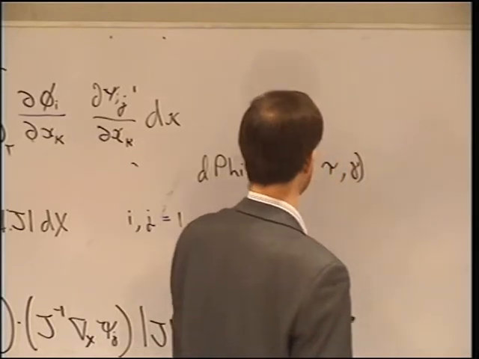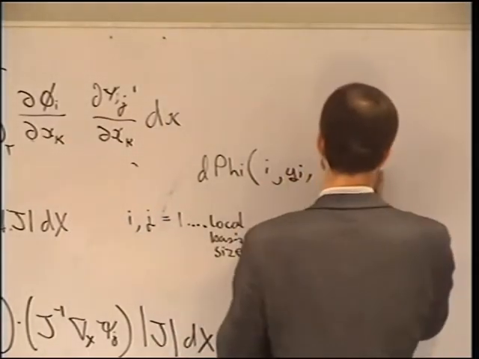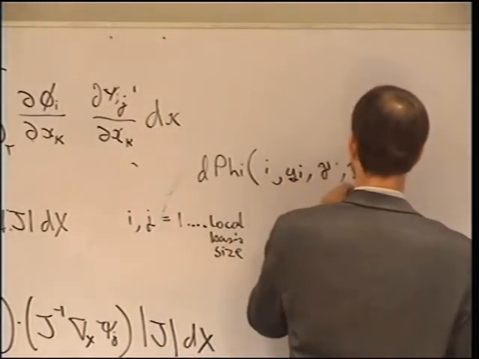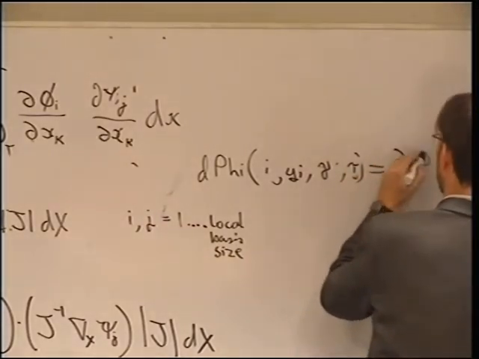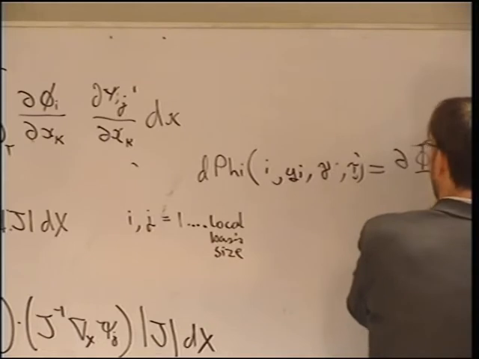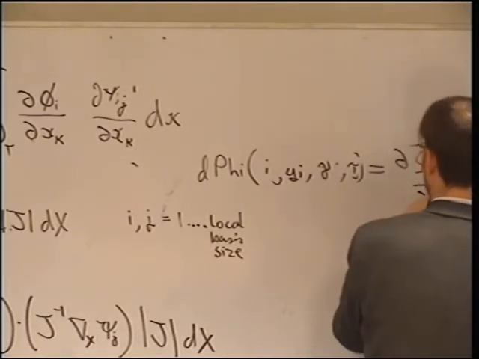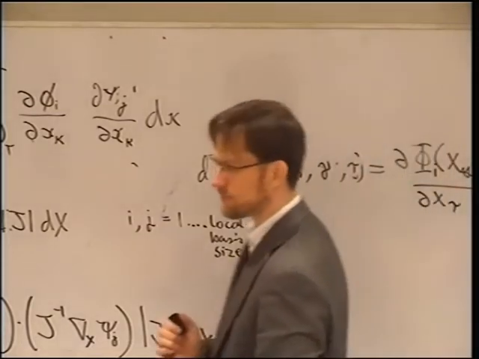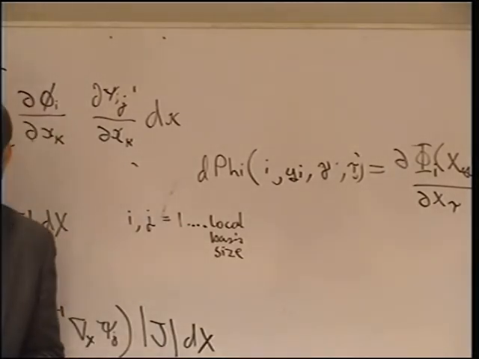That is just d phi I at x G I, gamma, over dx tau. So that's static data, in fact exactly the same static data we had earlier.